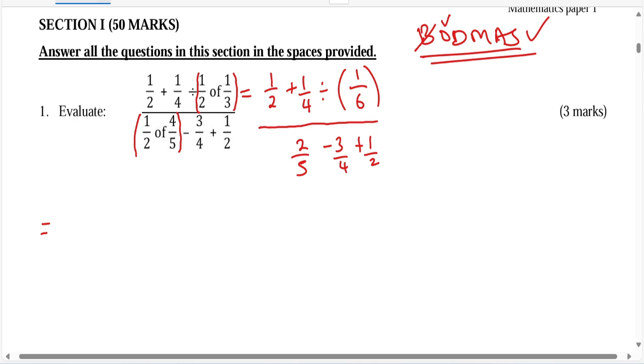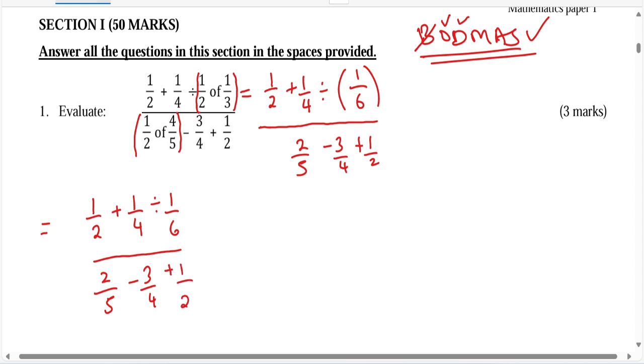Sawa. So baada ushamaliza off, waenda kwa division. Na tayari ushajua division yako iko wapi. So a half plus a quarter divide by 1/6. Na hapa chini ni 2/5 minus 3/4 plus a half. So let's finish up with the numerator first. Hii hapa ni division, so ukibadilisha kwa multiplication, you reciprocate the fraction which becomes 6/1.